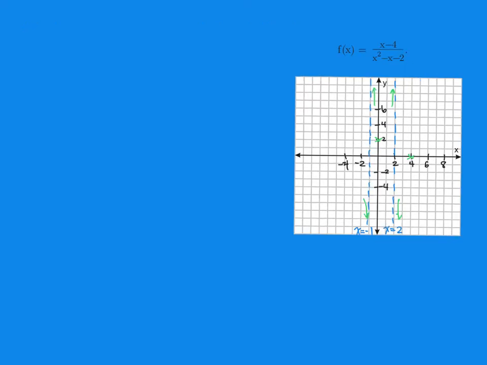Okay, so let's consider our first derivative here, using the quotient law.